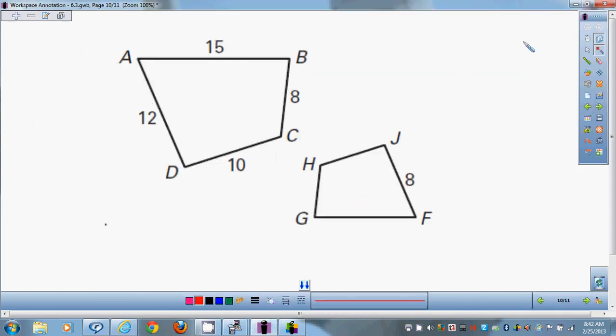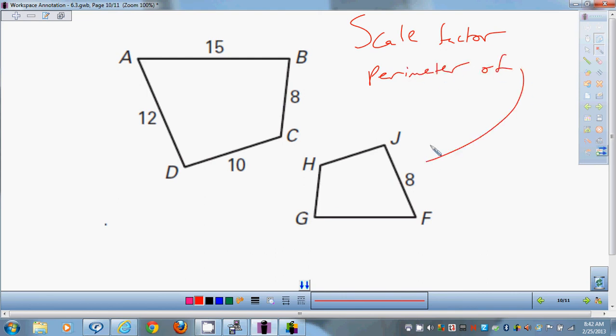Notice I didn't even ask you for a side, and the perimeter of the small one. I want the scale factor and the perimeter. What is the scale factor? How did you get 2/3? I'm not saying you're wrong. How'd you get it? Very good.